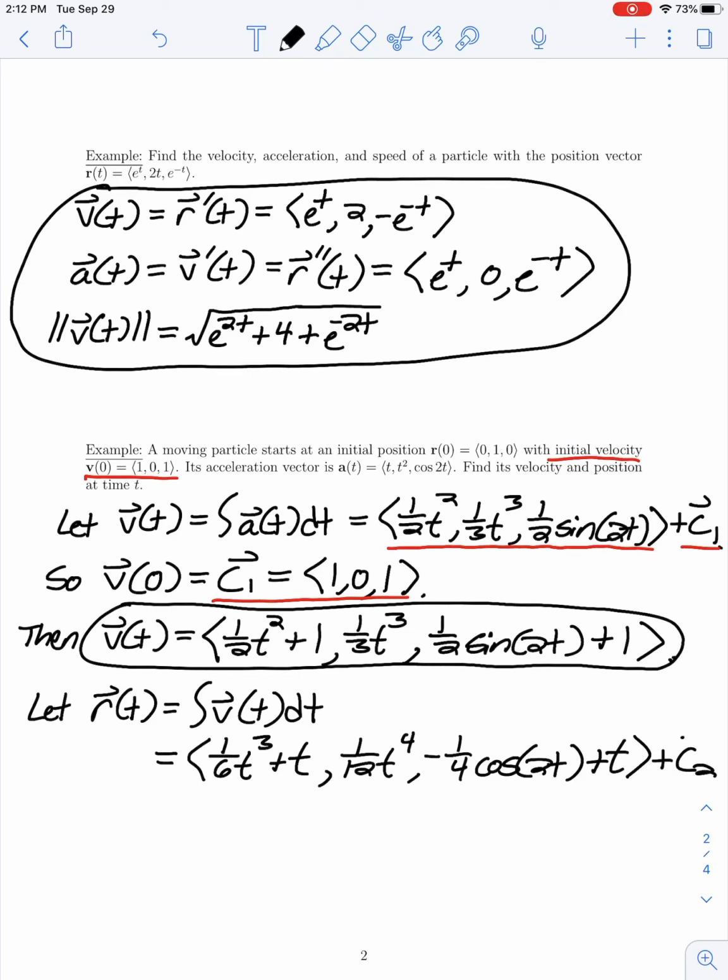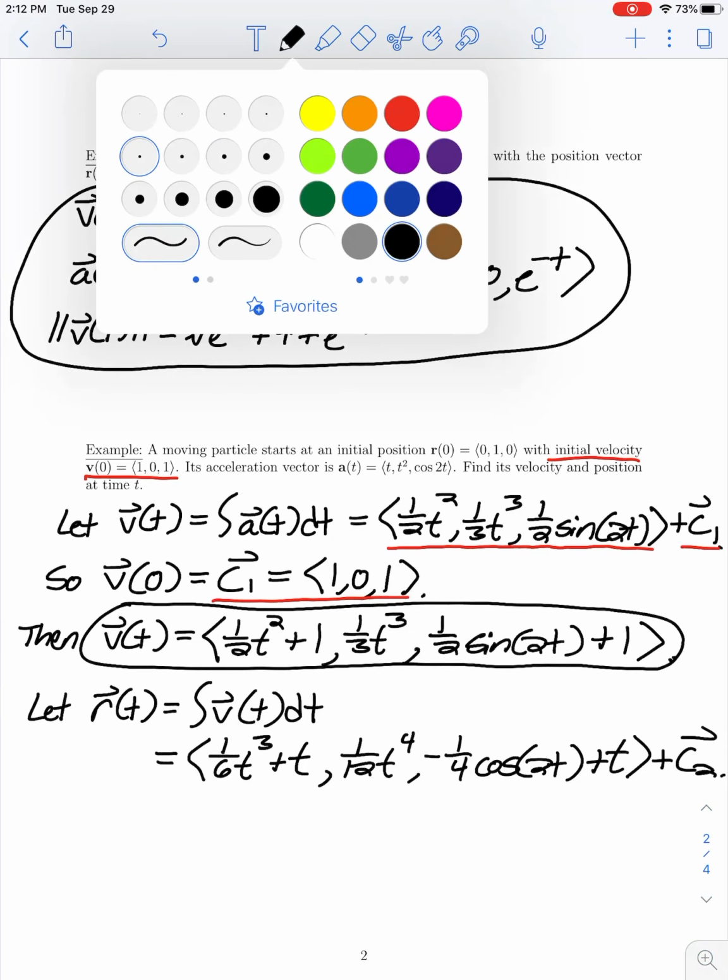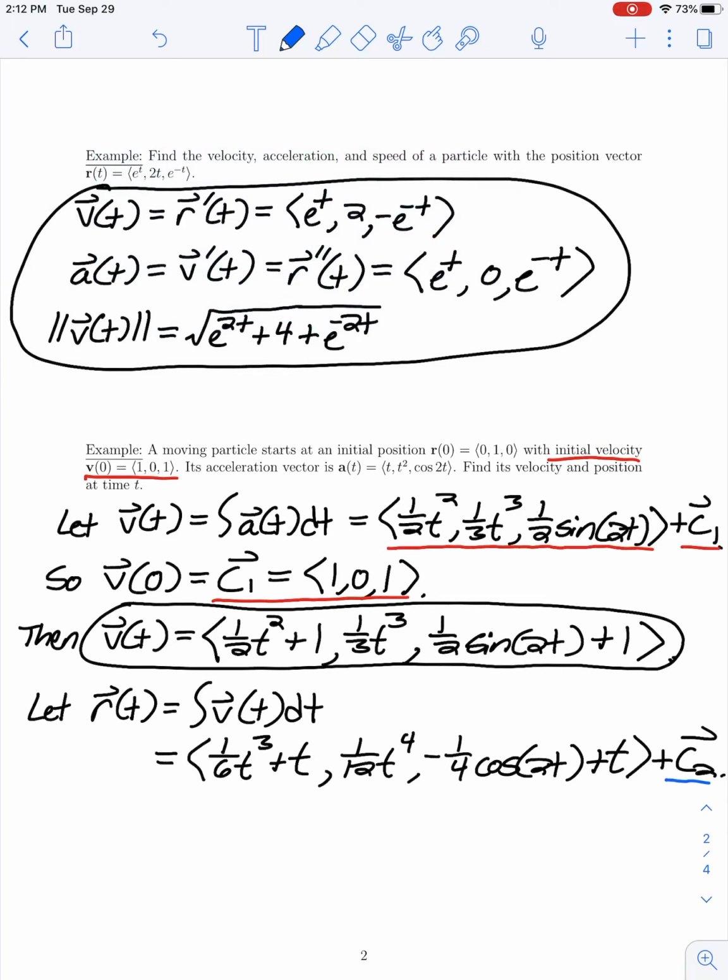And again, I could add some arbitrary constant vector, I'll call it c2, to that vector function to get my most general antiderivative. Now I need to find the specific constant vector c2 that satisfies the initial condition about our position function, r of t. And I was told in the problem that that initial position was r of 0 equals 0, 1, 0. So let's see what we have here.